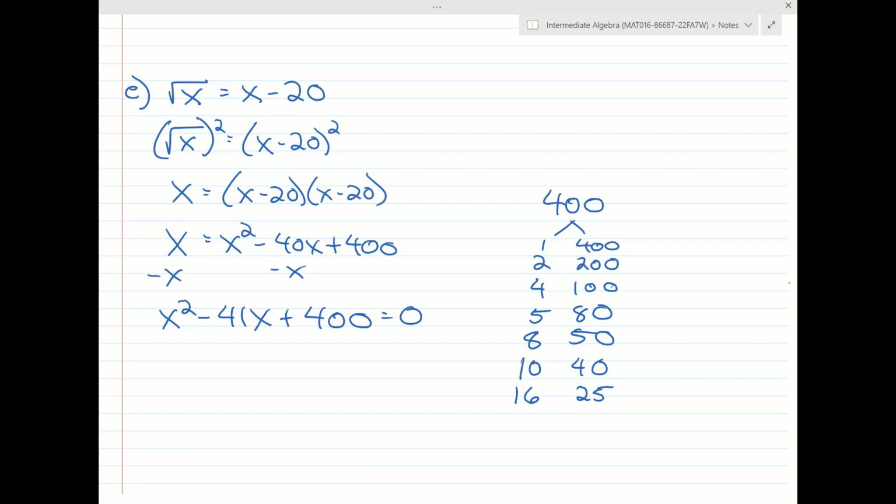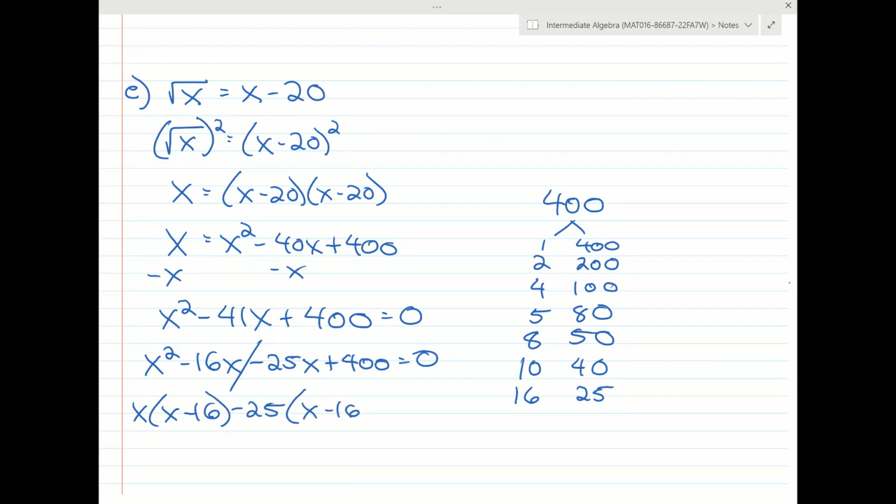Sometimes it takes a little while to get there, but when we talk about factoring trinomials, this would be x squared minus 16x minus 25x plus 400 is equal to 0, cutting it down the middle. Take out an x, and x minus 16. Take out a 25, it's x minus 16.